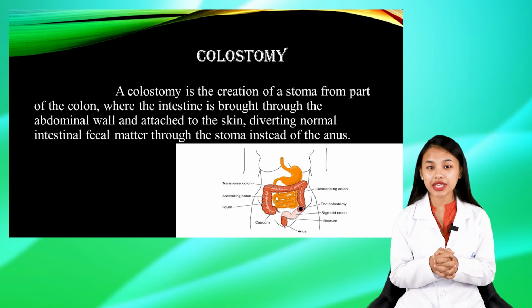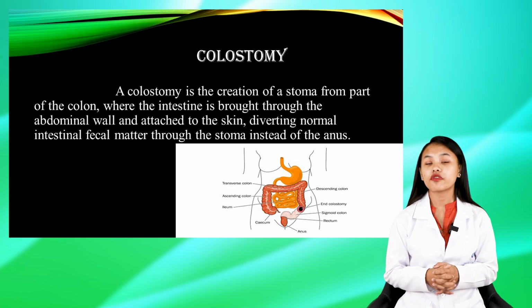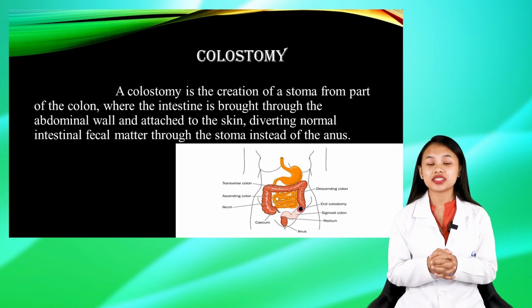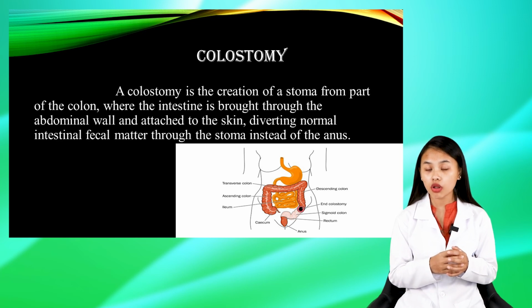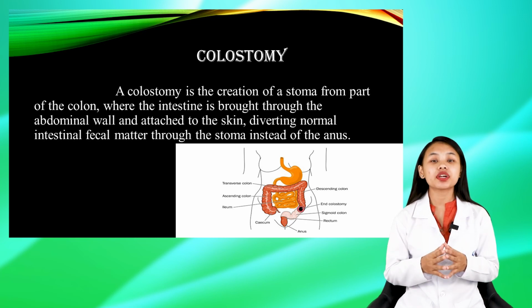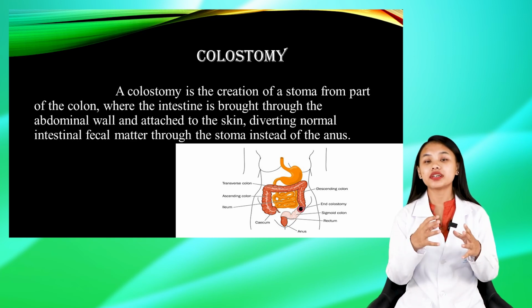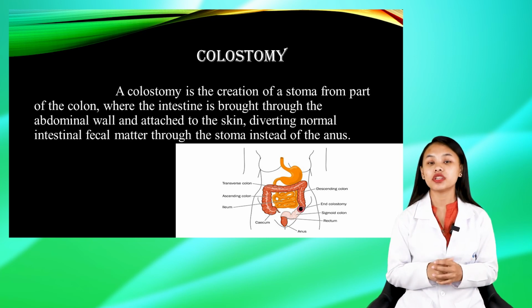A colostomy is the creation of a stoma from a part of the colon, which is the large bowel, where the intestine will be brought through the abdominal wall and attached to the skin. Because of this, it will divert the normal intestinal fecal matter through the stoma instead of the anus.